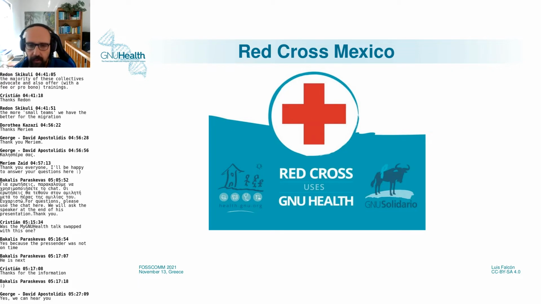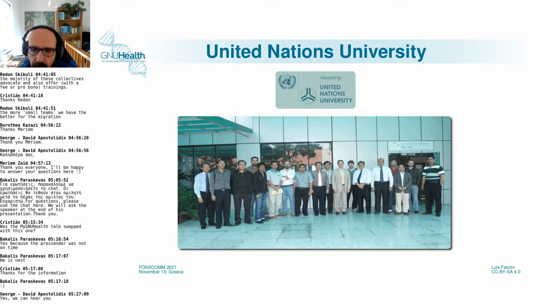what we do. Another example is the Red Cross in Mexico. Some multilateral organizations like the United Nations: this is the United Nations University, the International Institute for Global Health, which is in Kuala Lumpur, Malaysia.